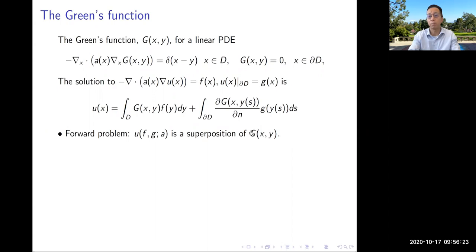I'm now looking at G of X, Y as a family of functions in X, and this family is parameterized by Y, by putting the sources at different locations. Does the solution form a big, very rich set, or is there some low dimensional structure in there?